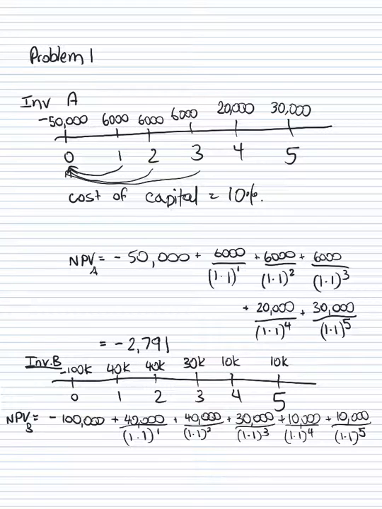And we just followed the steps that we followed previously. Now if we work out what those cash flows are collectively, we get $5,000.